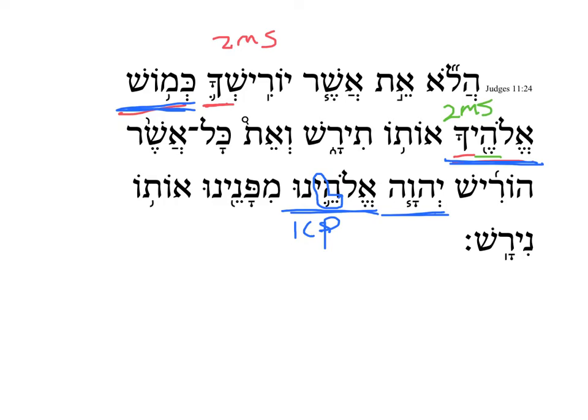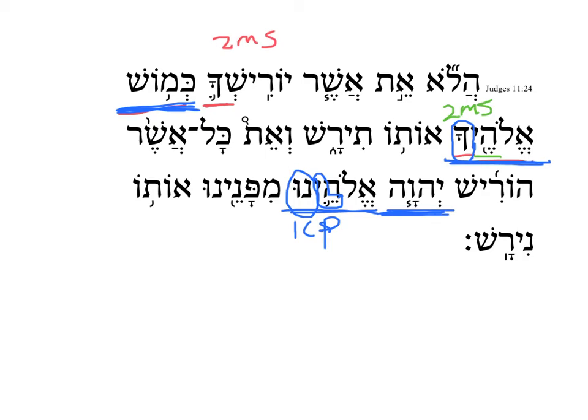Very similarly, the same word, Elohim, is used in the construct form with second person masculine singular and first person common plural, to refer to two different gods. The God of Israel, here in Jephthah's words, their patron deity, I suppose, and Chemosh, the patron deity or god of the Moabites.